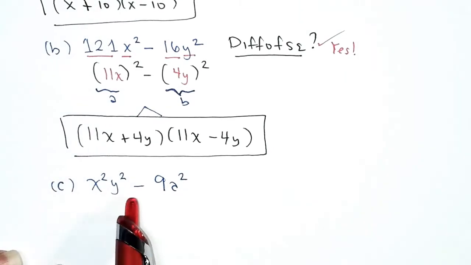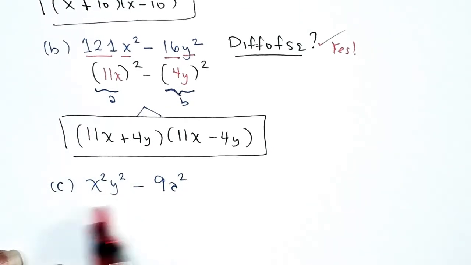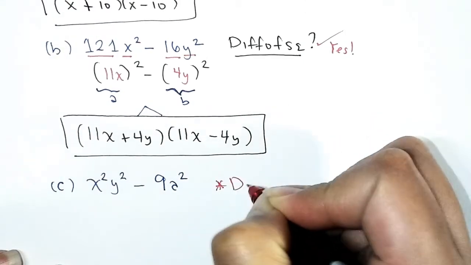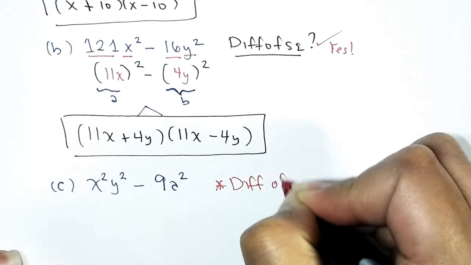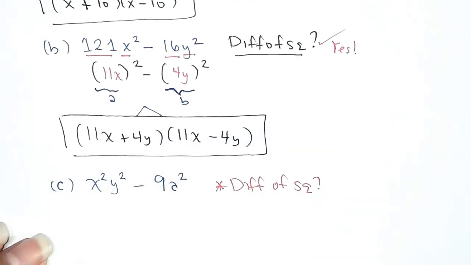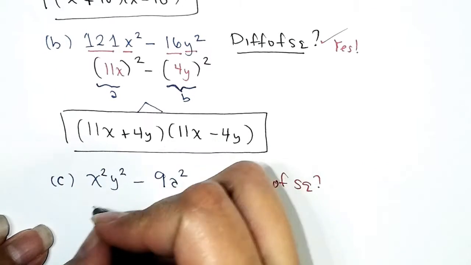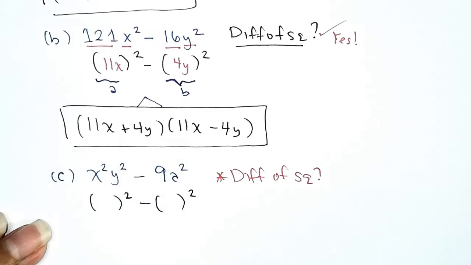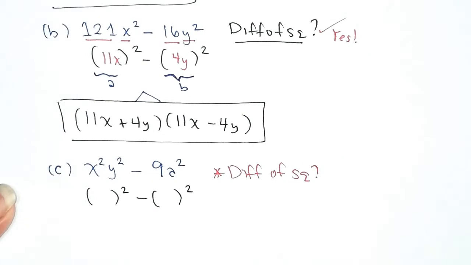Okay, what's the sign? Minus. Binomial minus, we ask ourselves, do we have a difference of squares? And if the answer is no, then we jump straight to difference of cubes. So you know the drill. Let's see if we have the mold. Do we have something squared minus something squared? This is a little bit more spicy for me.